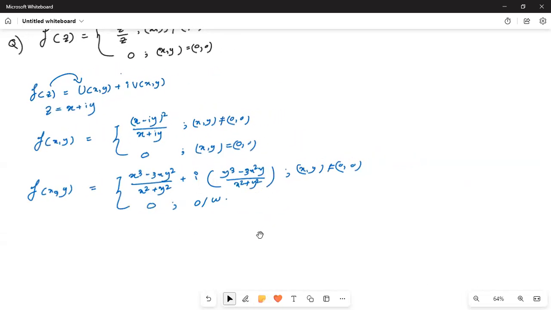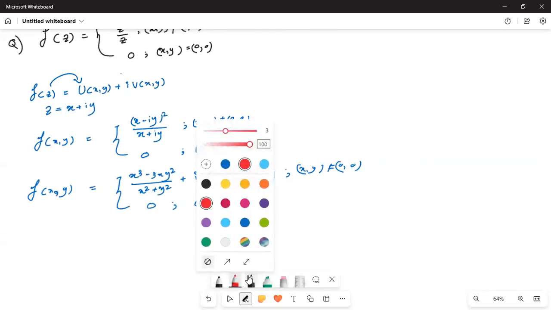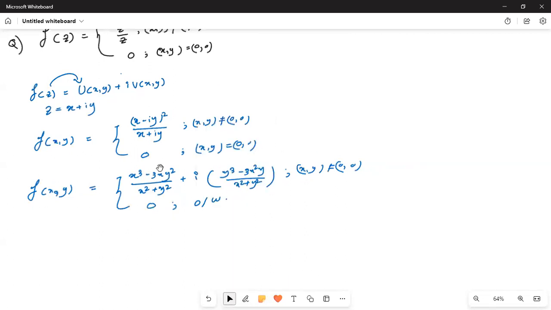Now that we have found the form, it's worth noting down the real part of this function and the imaginary part of this function. Here my real part of this function is, again, a piecewise function because we have a 0 here.